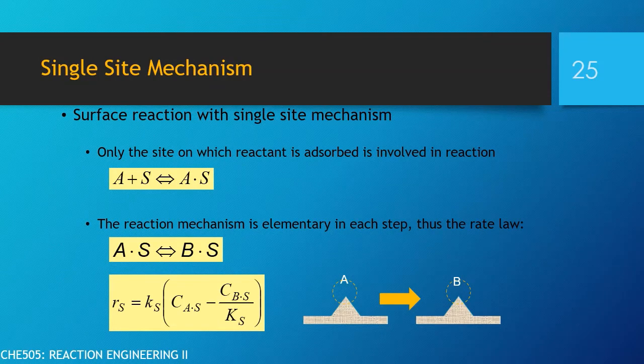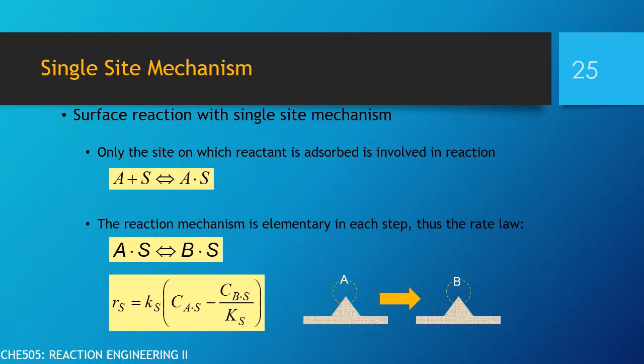Single site mechanism: surface reaction with single site mechanism is usually used if the reaction only involves one reactant. We need to relate it with the adsorption step. If the adsorption step is non-dissociated adsorption and there is only one reactant, then during the surface reaction, it will continue via single site mechanism.